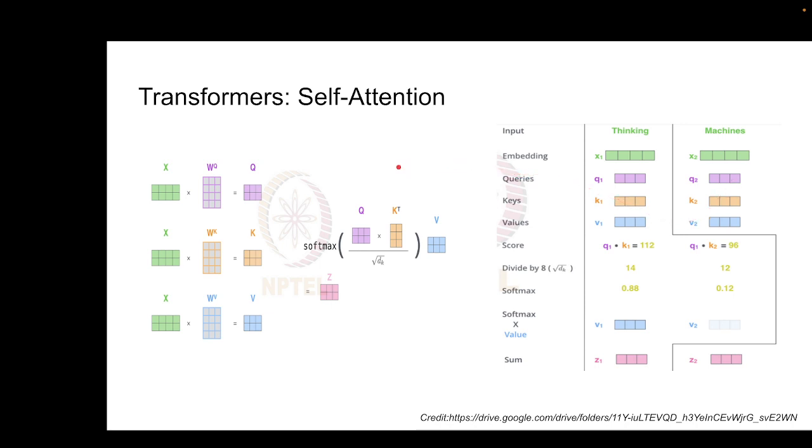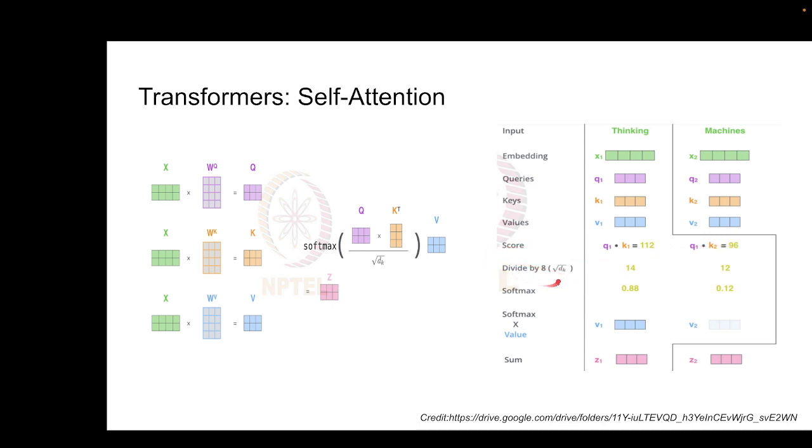Then we are simply doing a dot product here. Dot product means this row multiplied by this column. So we perform q1 dot k1, suppose this is 112, and then q1 dot k2, giving us some value like this.